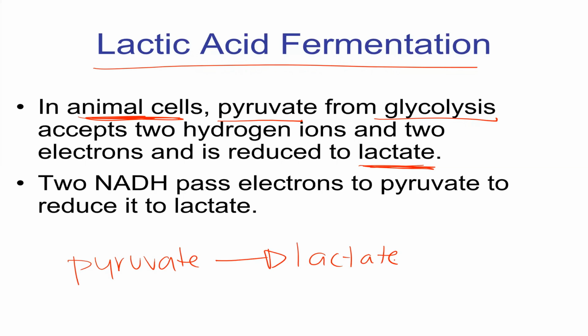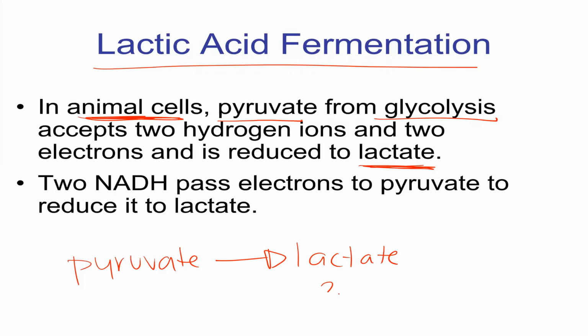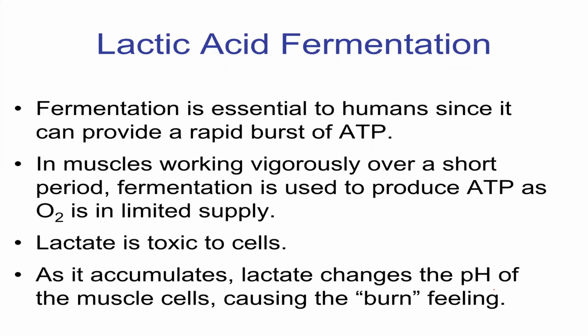That's all you need to know about lactic acid fermentation. It happens in animals. Pyruvate creates lactate. Now, you also are going to get 2 ATP from that. You need to know that as well. Okay, so in lactic acid fermentation, you get lactate, 2 ATP from pyruvate molecules.